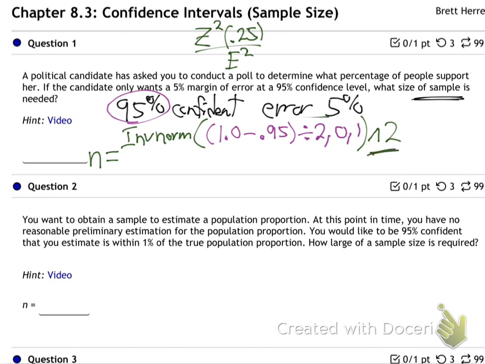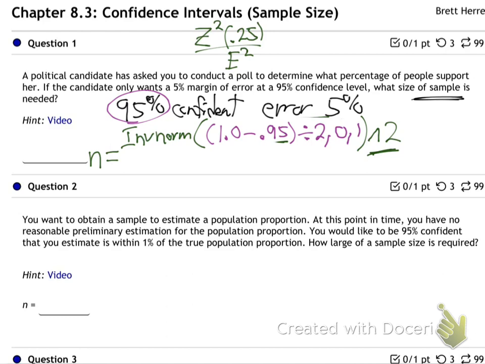If your question has a 97.5 confidence level, you put that in parentheses, how would that work? It'd be right here. This would be 0.975. Okay. Good question. Yeah, so whatever percentage they give you, just move the decimal back 2 places and pop it in right there. Is that making sense? So just change it to a decimal and pop it in right behind a 1. Now why that works is, well, we'll talk about it later.